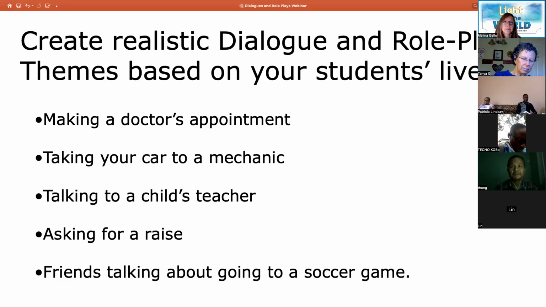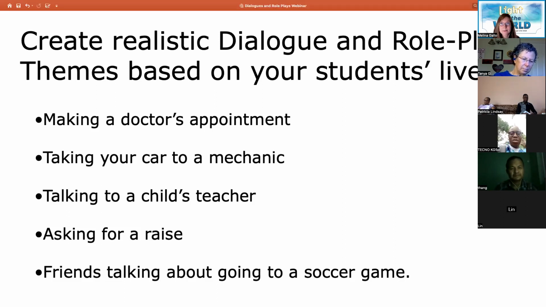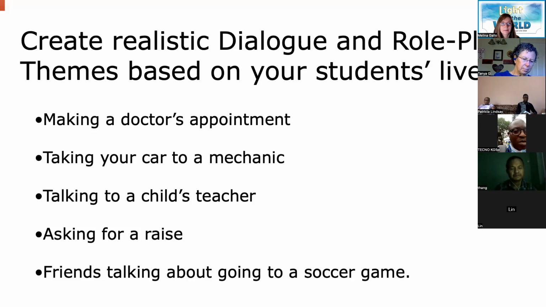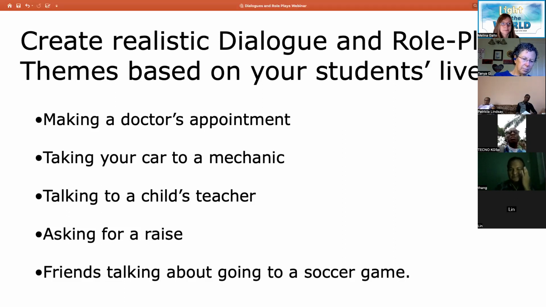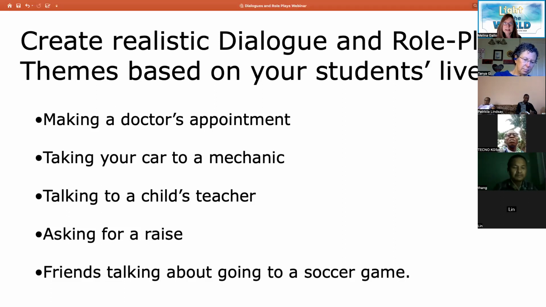For example, maybe your student has to make a doctor's appointment and they're nervous. They don't know how to talk on the phone asking for an appointment. You can practice that language with a dialogue. Or taking your car to the mechanic and explaining the problem you have with your car. Talking to your child's teacher about how your kid is doing in school.